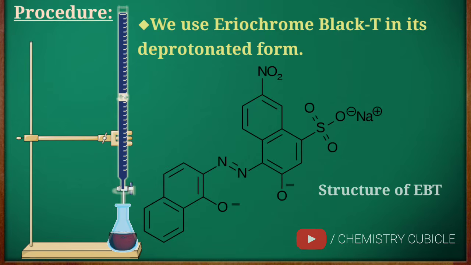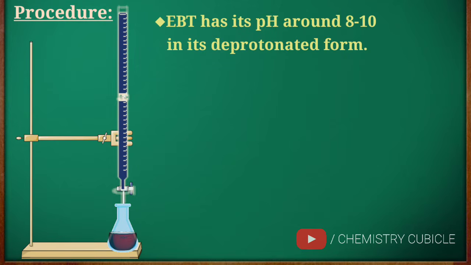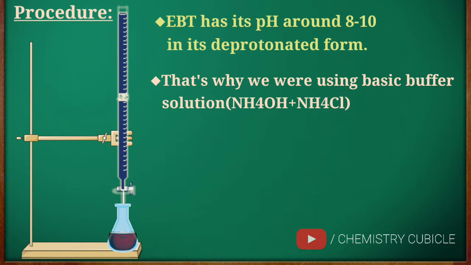In its deprotonated form, that is, when it is not complexed with the metal ion, it is blue in color and the solution is basic. Eriochrome Black T works at a pH of around 8 to 10. That's why we use the basic buffer solution of ammonium hydroxide and ammonium chloride, because the solution is itself basic.